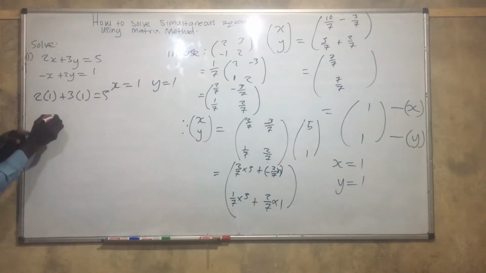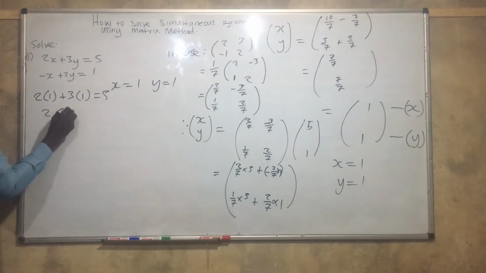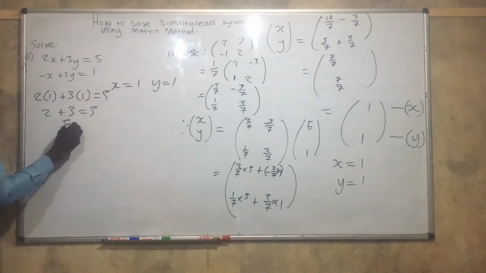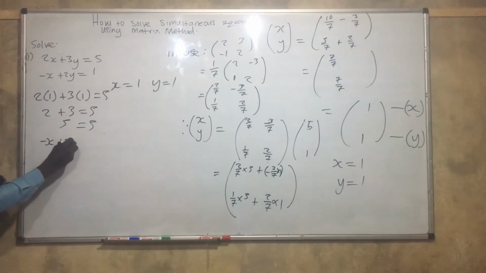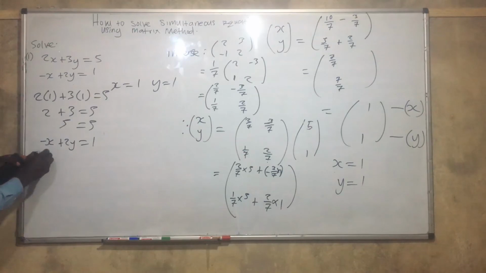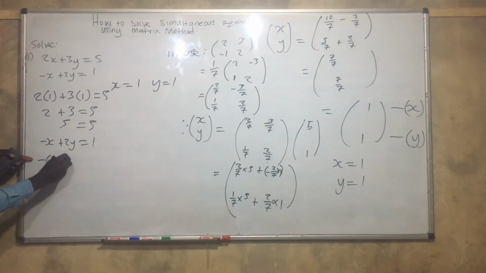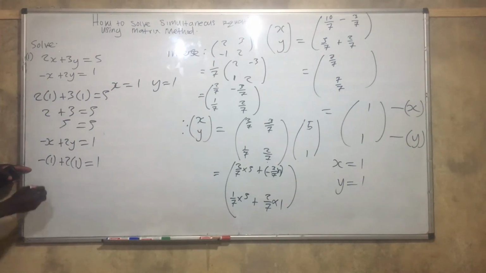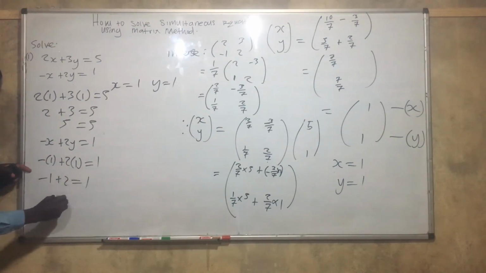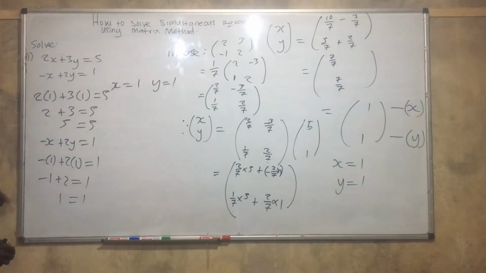So it is 2 plus 3, which is 5. Then the second equation, negative x plus 2y is equal to 1: negative 1 plus 2 multiplied by 1 should give us 1, which is 1 is equal to 1. So these are the values of x and y.